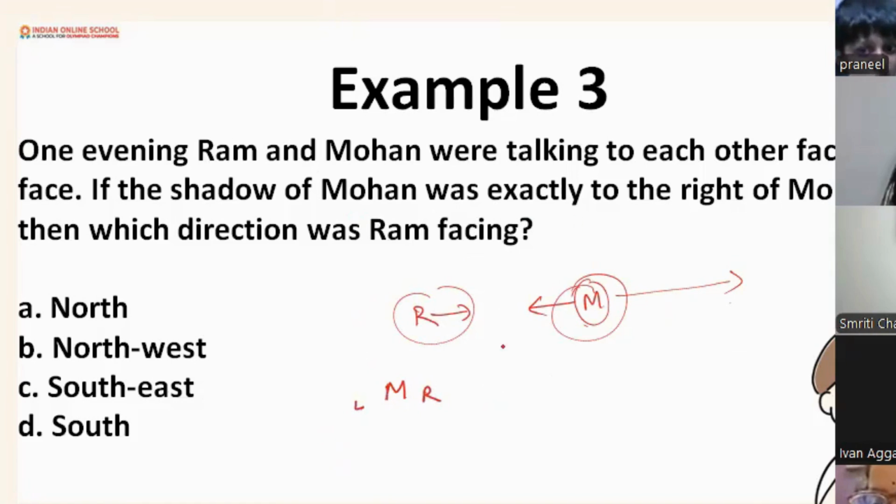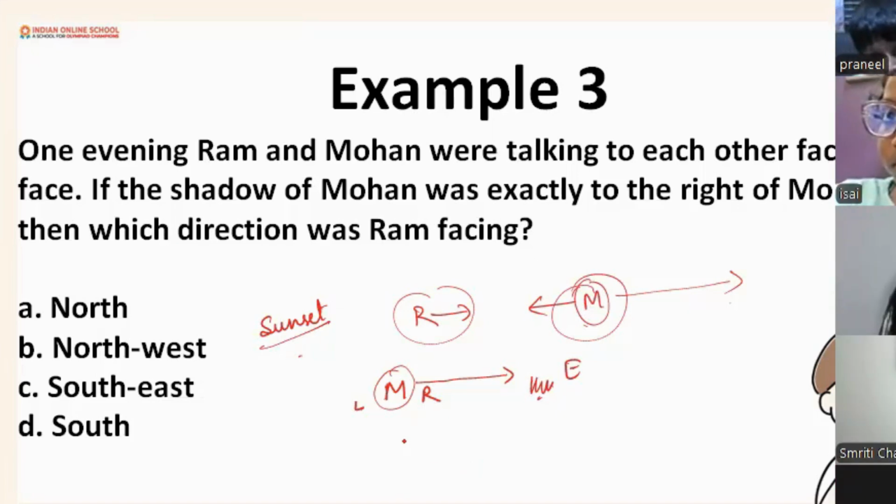Now the shadow of Mohan is towards the right of Mohan only. If Mohan is standing over here, the right needs to be east only and his shadow is forming in the east, which means this is the time of the sunset. So when it is the time of the sunset, the question is asking in which direction was Ram facing? So Ram needs to face towards, ma'am, what?